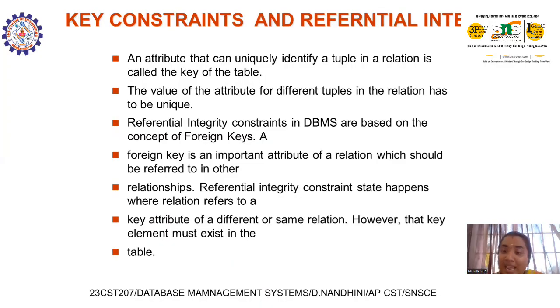An order must refer to an existing customer ID in a customer table. A referential integrity constraint states that a relation refers to a key attribute of a different or the same table.